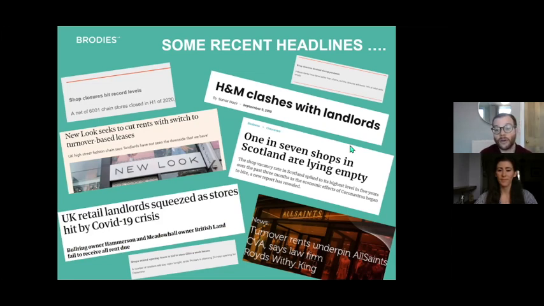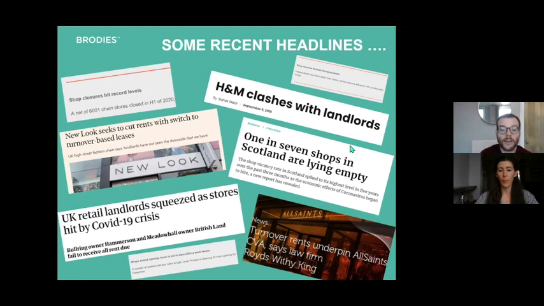And also, as I say, the picture is a bit more rosy because what we are seeing at the moment is a lot of interaction between landlord clients and tenants to deal with the effects that COVID is having. For example, I'm sure you'll see this as well, we're getting lots of instructions at the moment where landlords are granting rent-free periods, where they're granting rent deferrals, allowing tenants the opportunity to catch up when shops are able to fully reopen, and rent abatements as well.